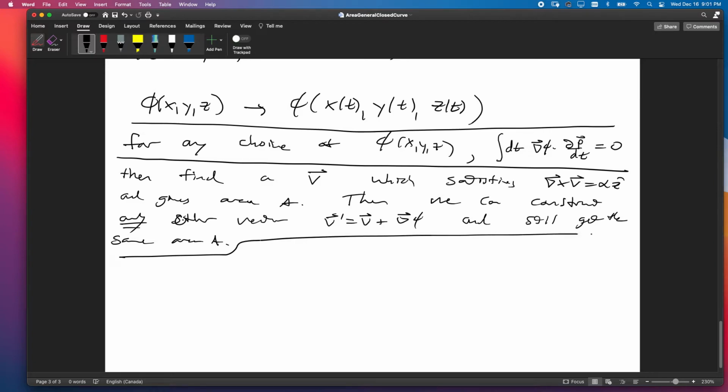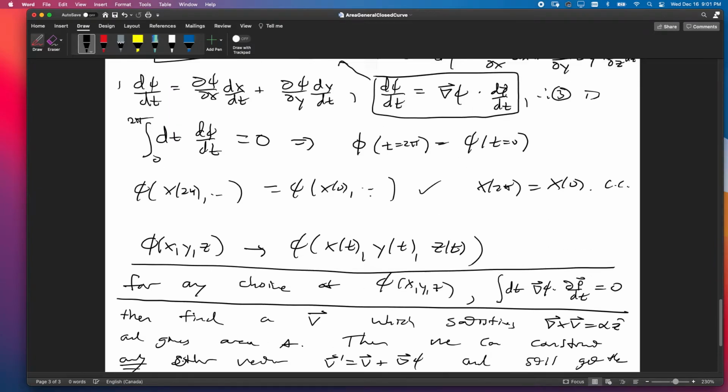So that's kind of important. Note, all we need to do is find the simplest v.